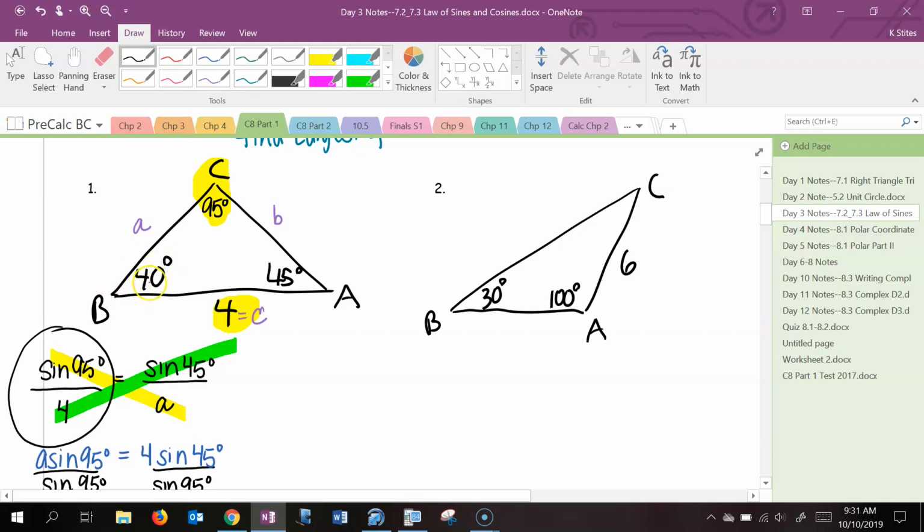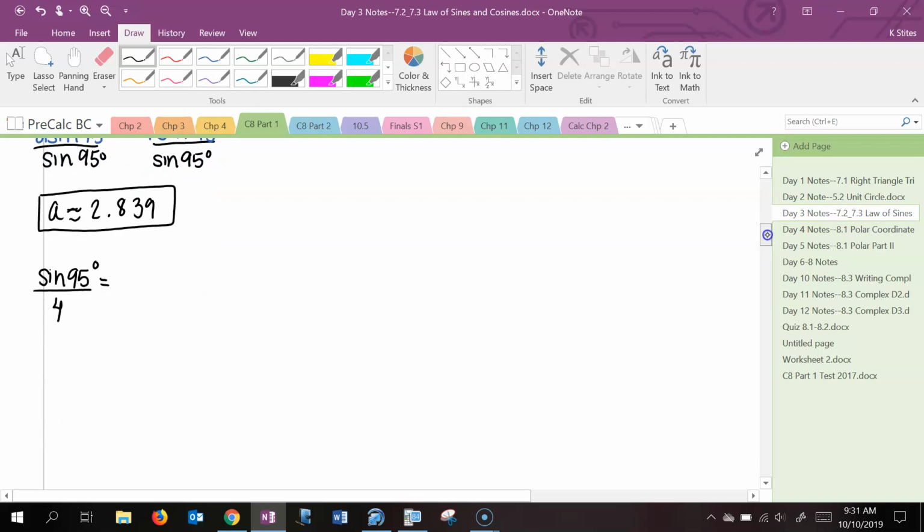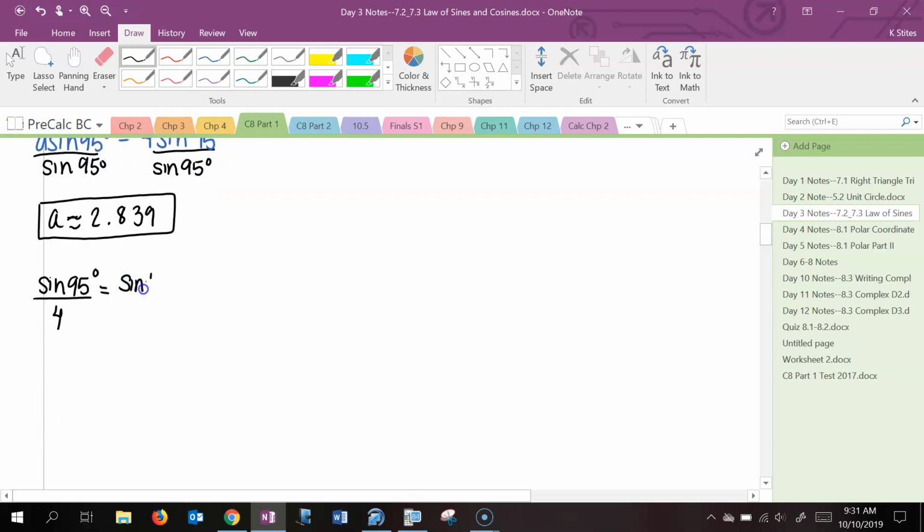I'm going to do sine of 40 over B. Okay, and again, I will just cross multiply. And we're solving for B, so we'll divide by sine 95.